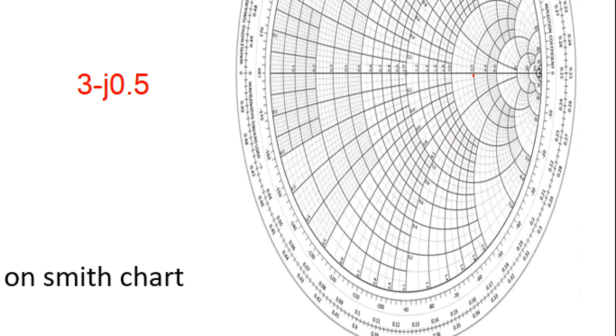The real part 3 is this, and I will trace this circle. Next is minus 0.5, which I can identify here, and I will trace this line.